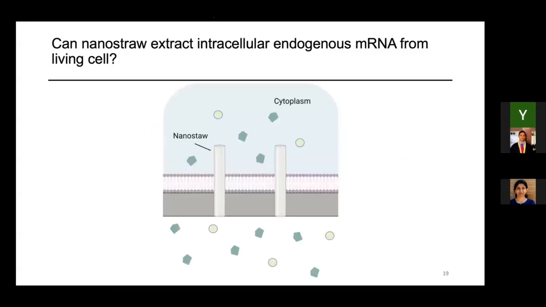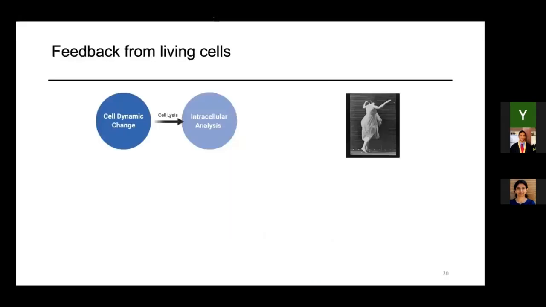So we're talking about delivery. Then the question is, if the Nanostraw allows us to deliver the molecule into the cell, does that mean that we also can extract the molecules from the cell through the Nanostraw? You may ask, why do we want to do that?